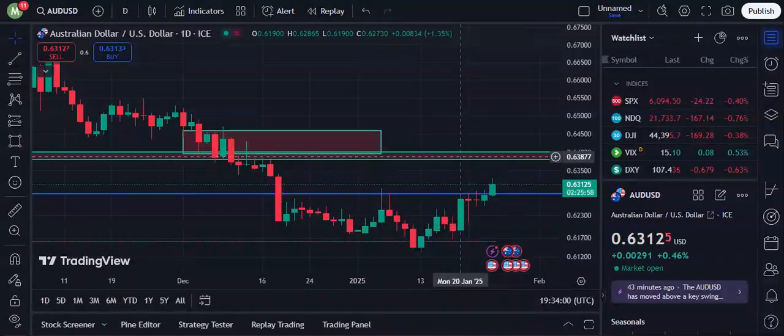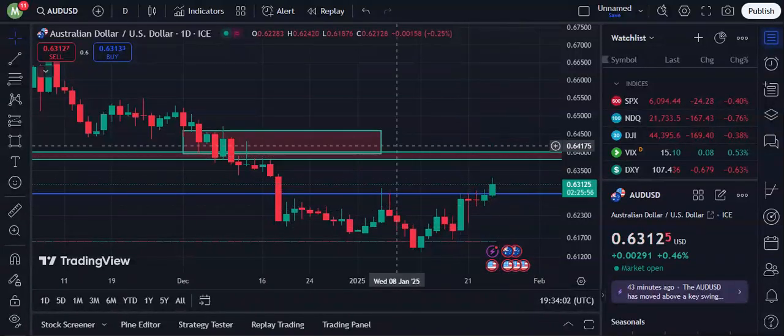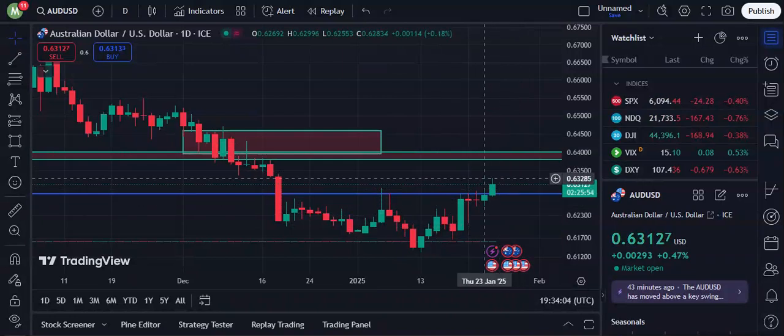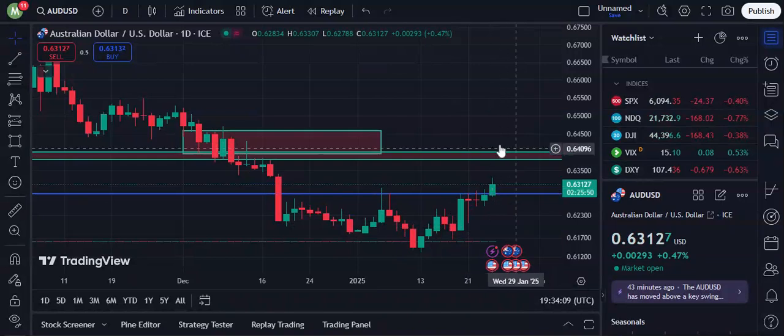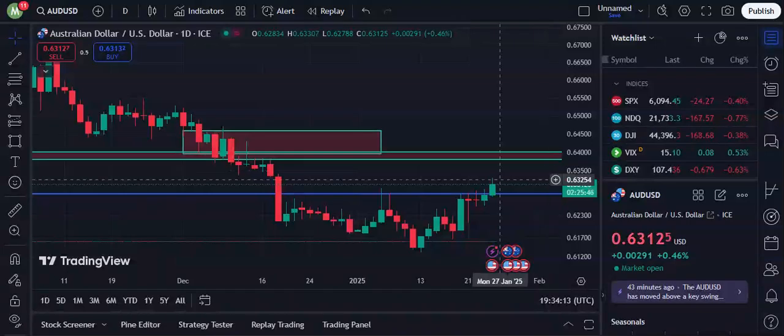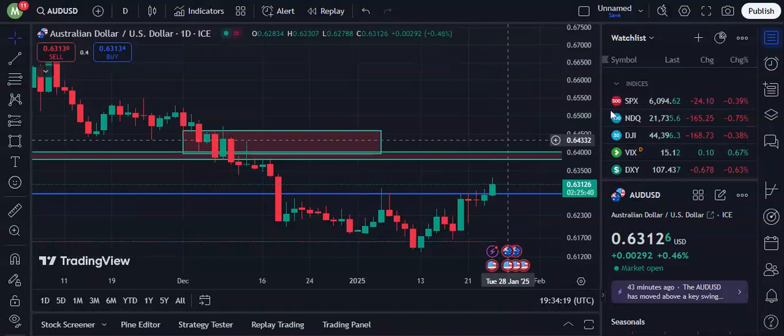As a swing trader, that is what you should be looking for. But as a day trader, you should be looking to buy from this area before you start selling. As a swing trader, you have to wait for price to come to this area before you can start selling. So that is what we have.